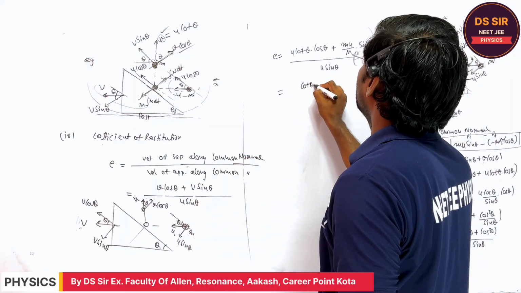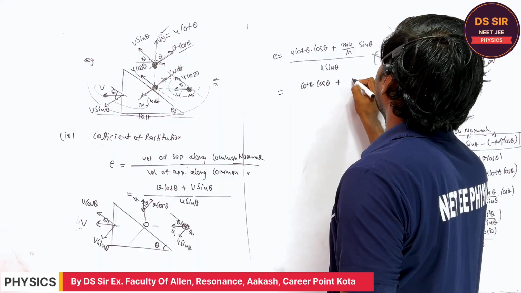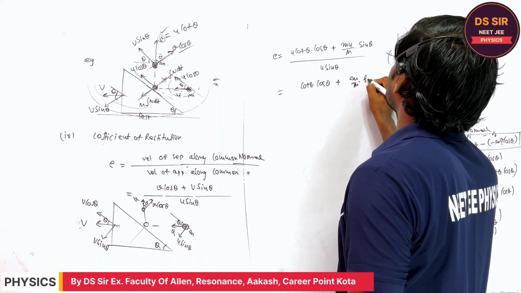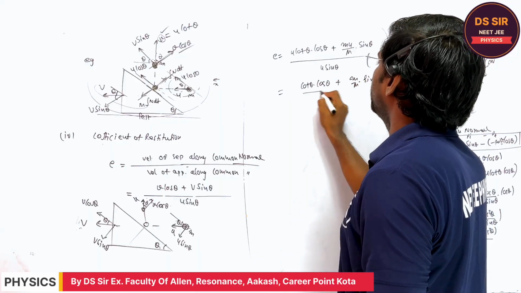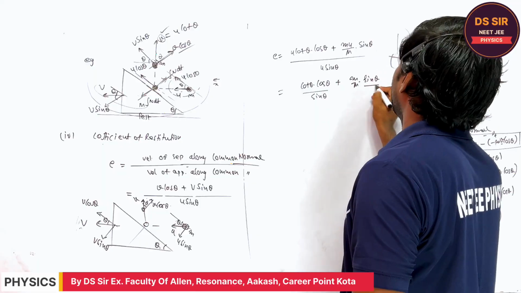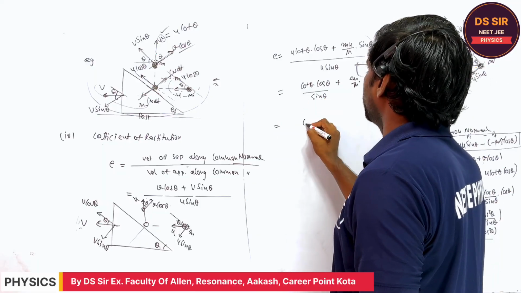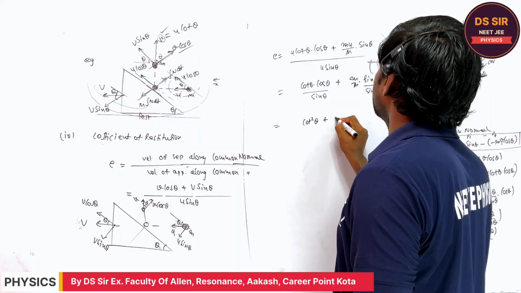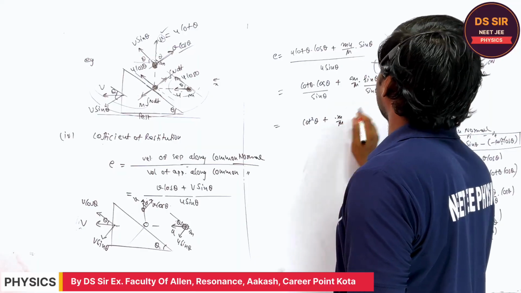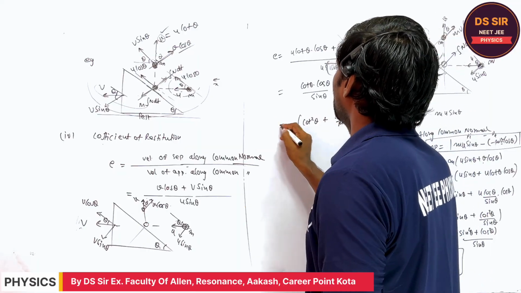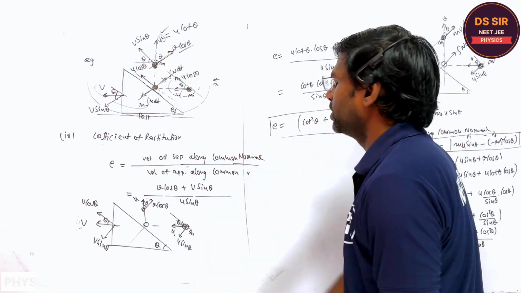This is cot theta, cos theta plus m upon capital M sin theta. This is the sin theta left, sin theta and sin theta. Right. So this is cos theta upon sin theta, cot square theta plus m upon capital M. Now it is correct. So this is the coefficient of restitution in this case.